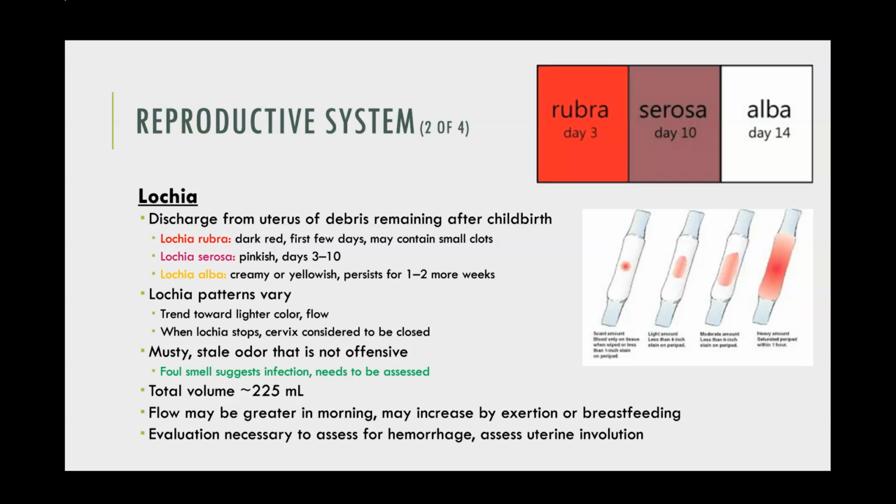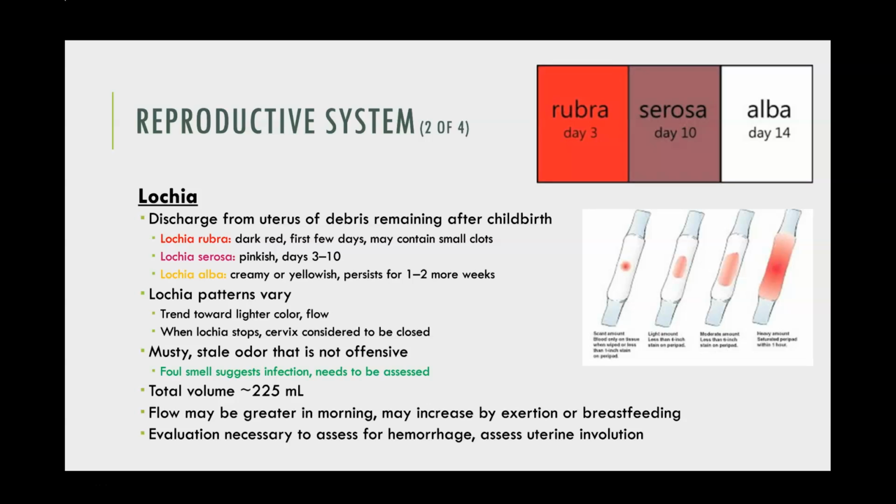When lochia stops, the cervix is considered to be closed. It usually has a musty and stale odor, but it is not offensive. If there is an offensive smell to a woman's lochia, so it is foul smelling, that could indicate that there might be an infection, and that needs to be assessed. Usually the total volume of lochia is going to range somewhere around 225 milliliters.